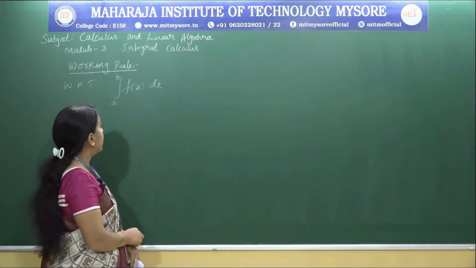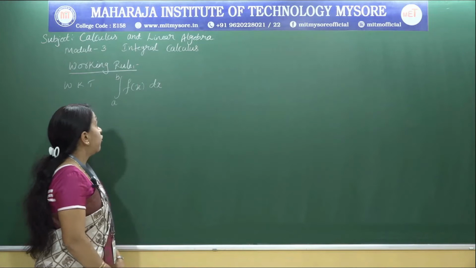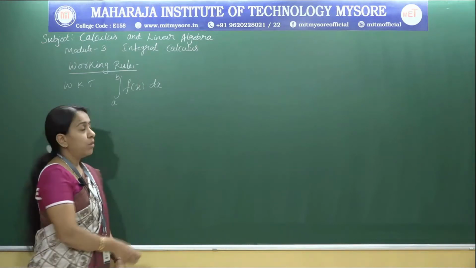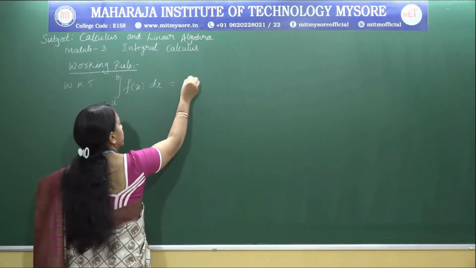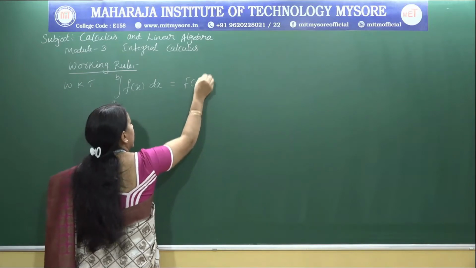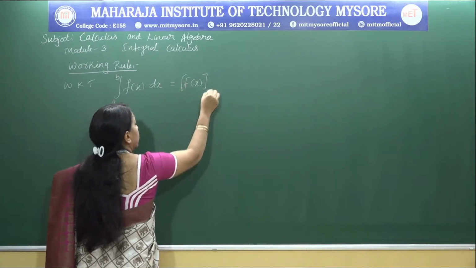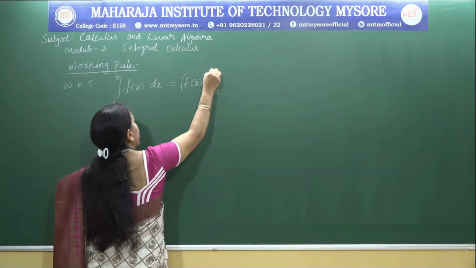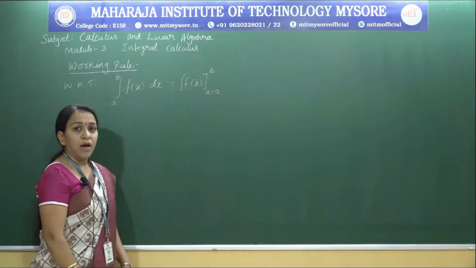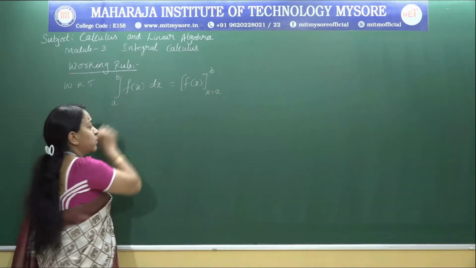If I have integral f of x dx between the limits a to b, that means x varies from a to b. So here we have only one variable, that is x.